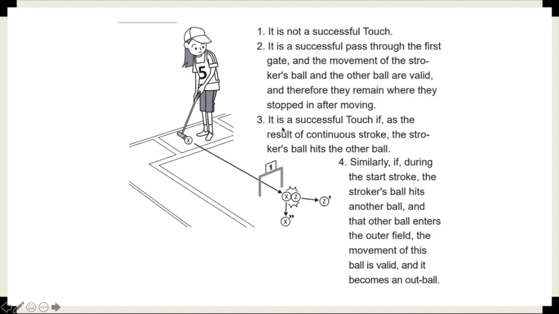Dot point 3 says, it is a successful touch if, as a result of a continuous stroke, the stroker's ball hits the other ball.